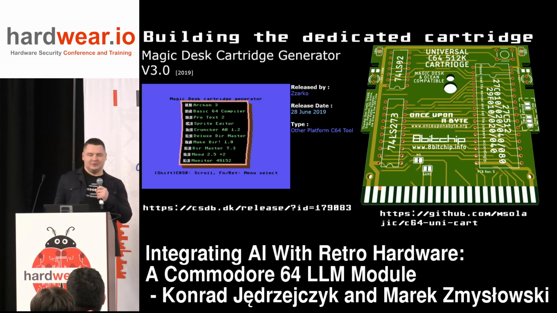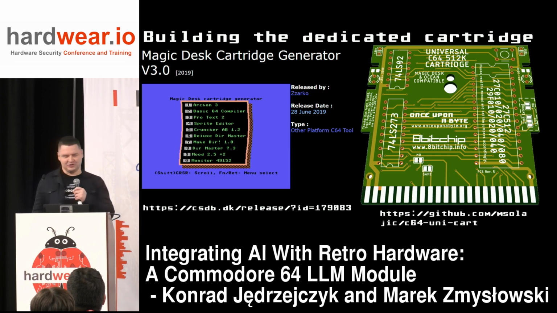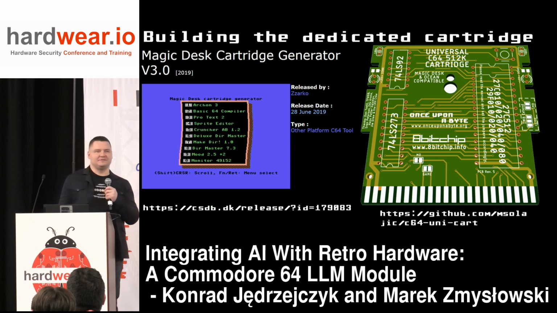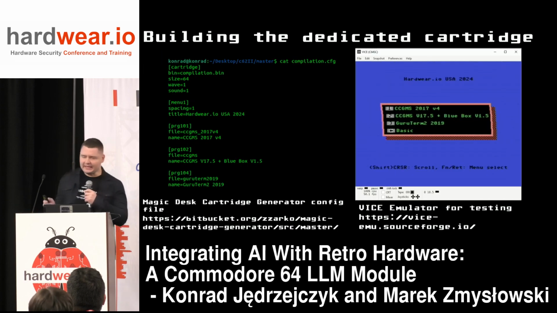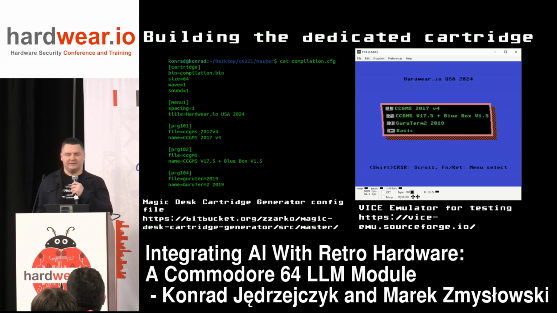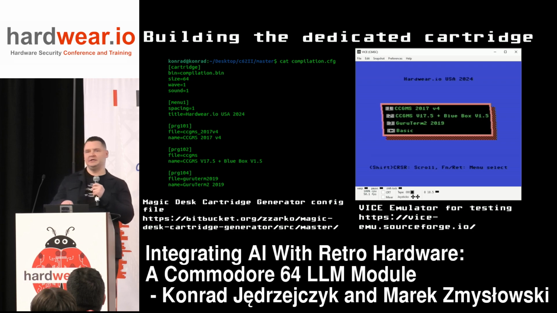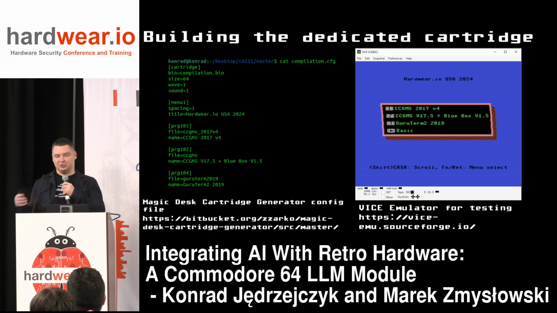So I used Magic Desk cartridge generator, and I again ordered some PCBs from China. And this is the config file. I tested the bin in the Vice emulator. This is a standard for emulating software of any Commodore computer. It worked. So we have software, we have PCB.